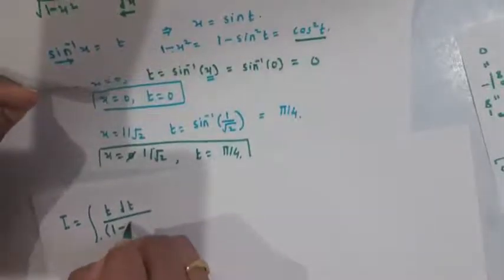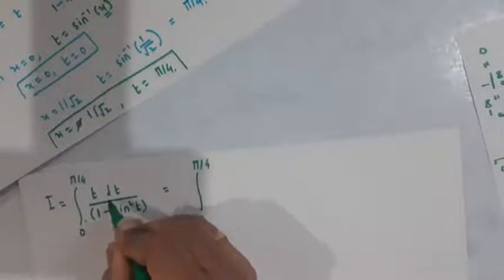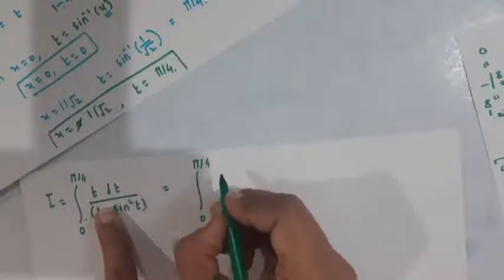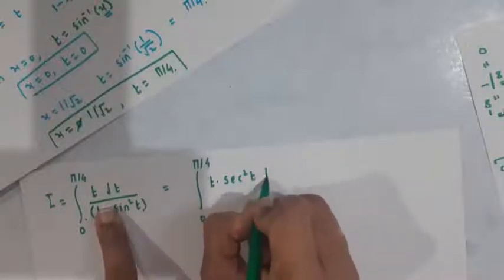At x equal to 0, t equals 0. At x equal to 1 upon root 2, the value of t is pi by 4. And now the integration is 0 to pi by 4. 1 minus sin square is cos square, and 1 upon cos square is sec square. Therefore this is t into sec square t dt.